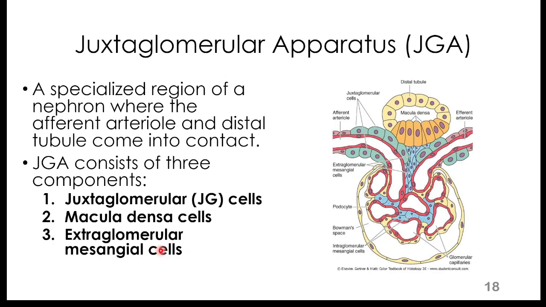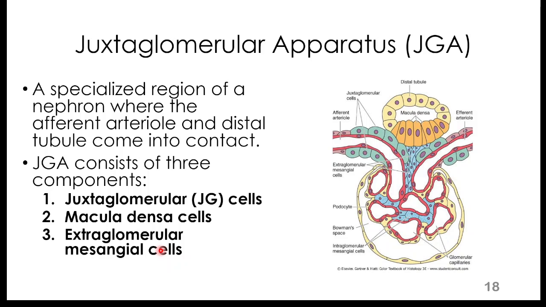All right. Now we need to talk about a group of cells referred to as the juxtaglomerular apparatus. This is simply a specialized region of a nephron where the afferent arteriole and distal tubule come into contact.